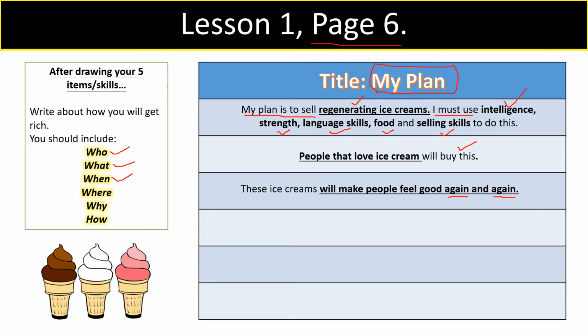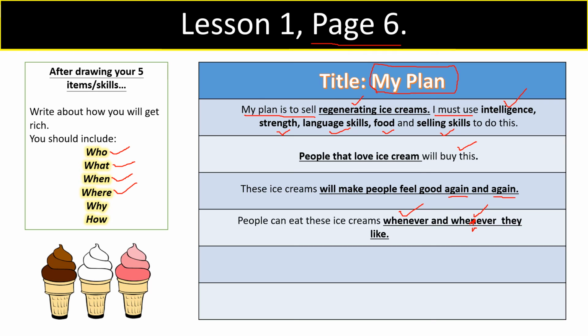Next one, I'm going to write when and where together in the same answer. Number one, when can people eat these ice creams? Well, people can eat the ice creams whenever. And where can they eat the ice creams? Sorry, that should not be when. Let's just quickly change that to an R, please.